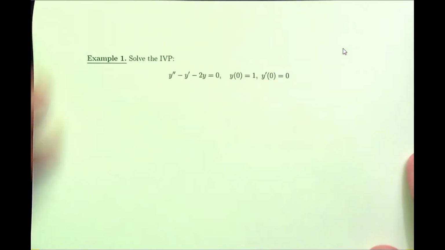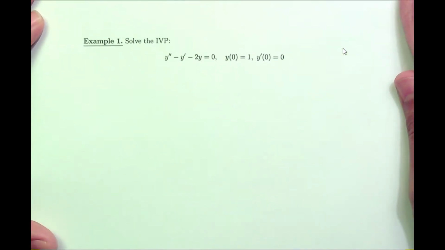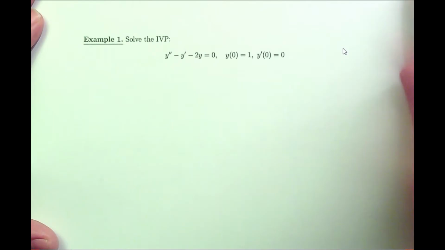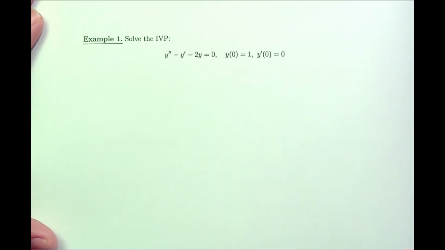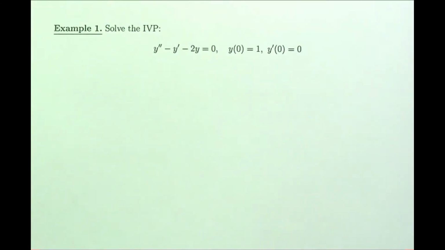Okay, now we can solve the first problem. And here it is. Let's solve this differential equation using the Laplace transform method. Solving a DE using the Laplace transform method, getting it started is really easy.